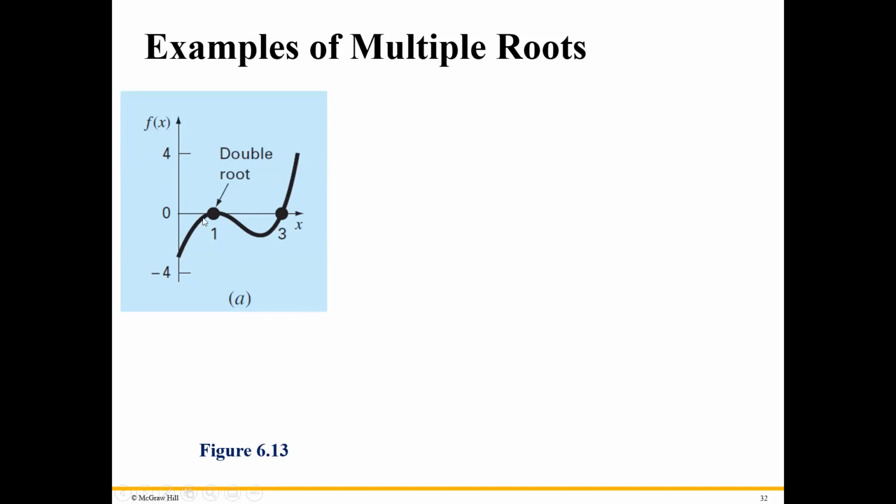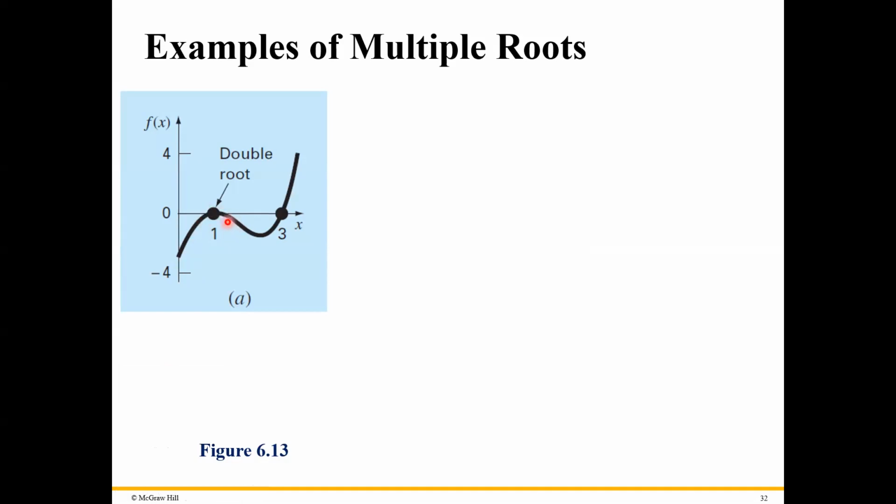In this first situation, you can see that at point 1 this curve touches the x-axis, but it does not cross it, and it remains on the same side of the axis. That means before 1 and after 1, the curve remains on the same side.